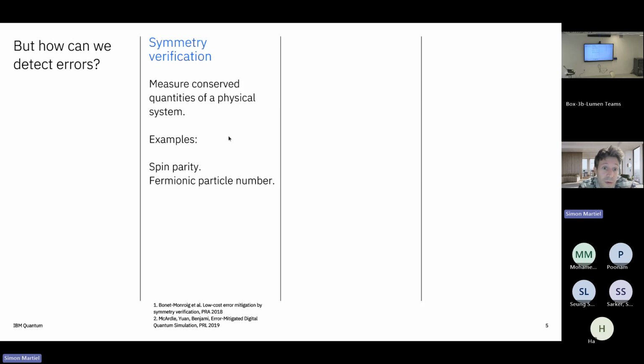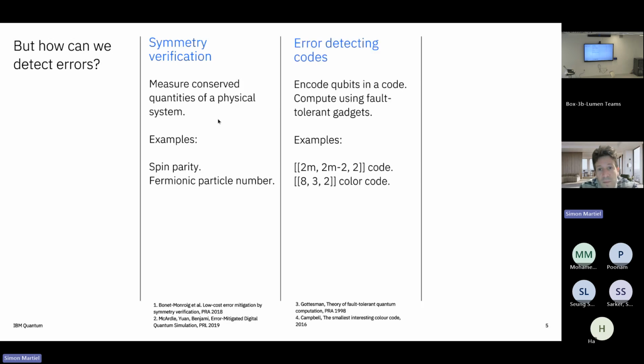So this is one very simple way to check for errors. You have to embed some symmetries within your circuit, and check that those are satisfied.